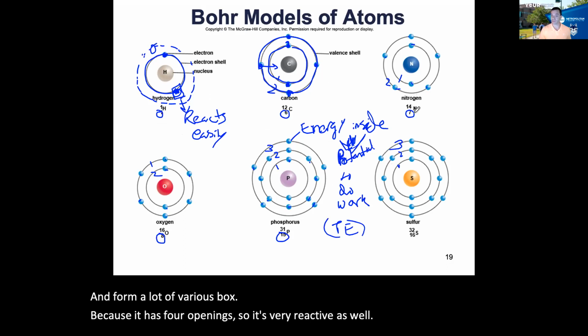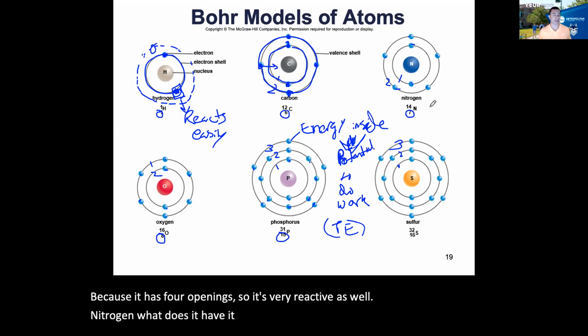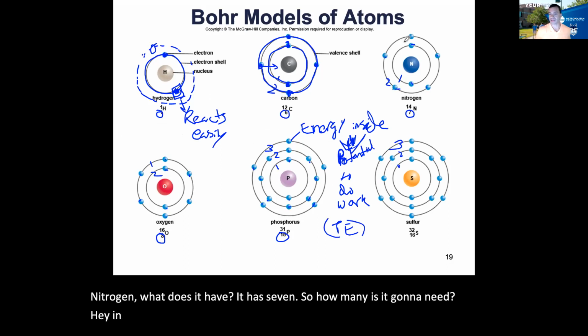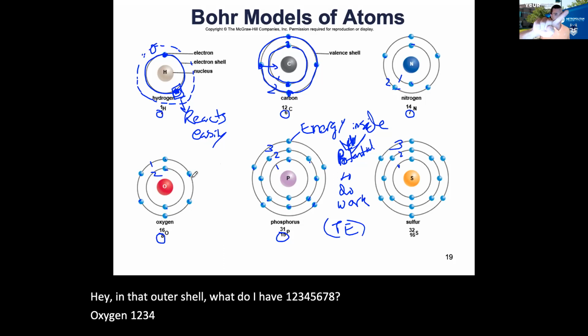The nitrogen, what does it have? It has 7. So how many is it going to need? In that outer shell, what do I have? 1, 2, 3, 4, 5, 6, 7, 8. Oxygen, 1, 2, 3, 4, 5, 6, 7, 8.